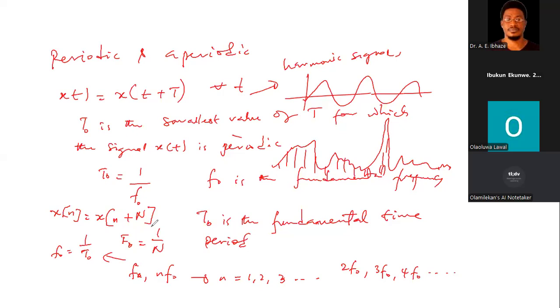So you want to look into the applications of periodic and aperiodic signals. Then we also have energy signals, power signals, and neither energy nor power signals.